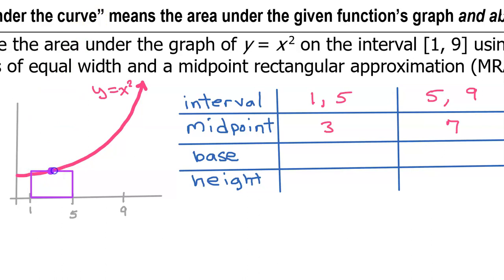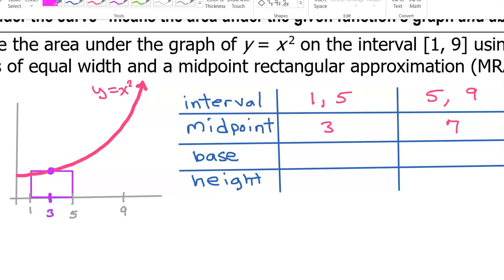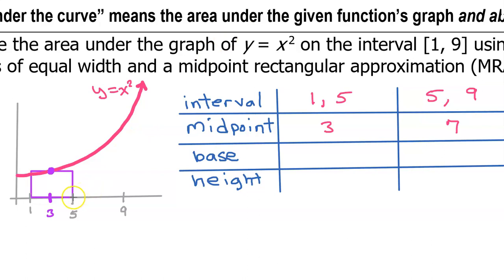So this is the intersection point because the midpoint right here is 3. And we'll have another rectangle like this, and again the midpoint of the rectangle should meet the curve. So we have a midpoint right here, and this midpoint is at 7.